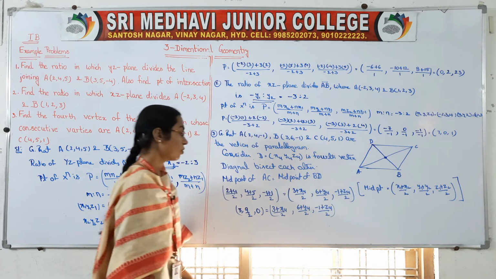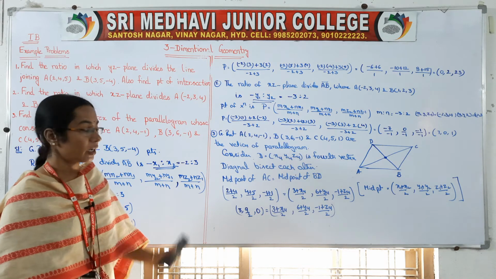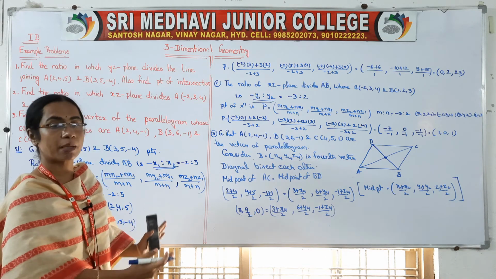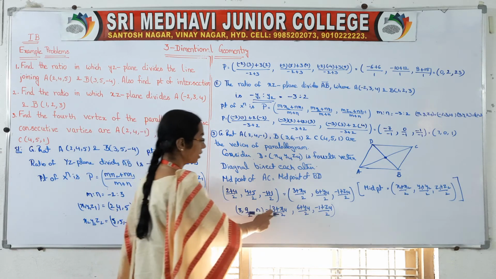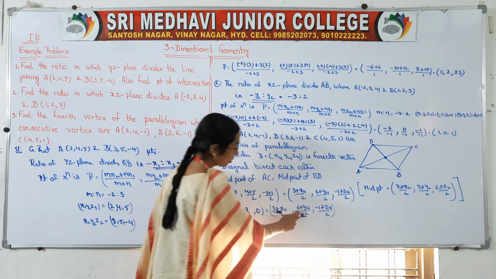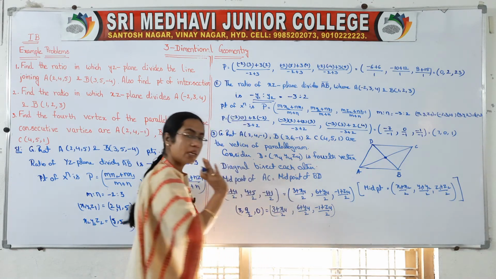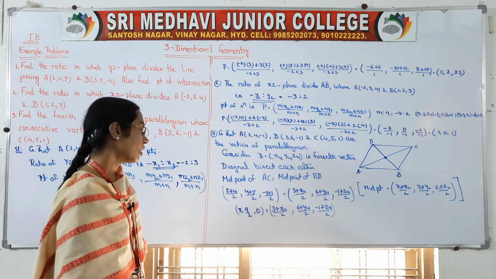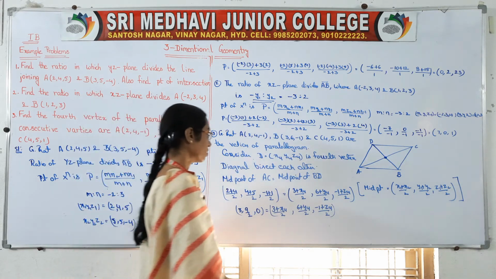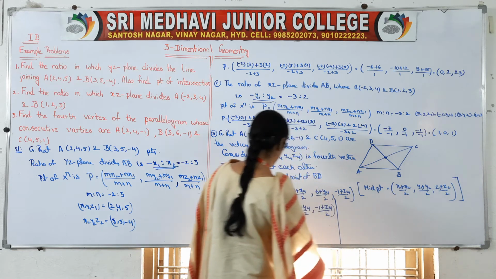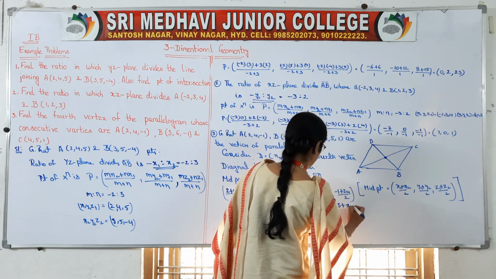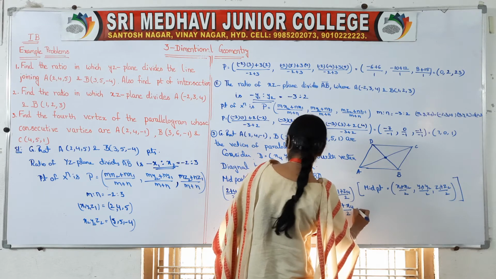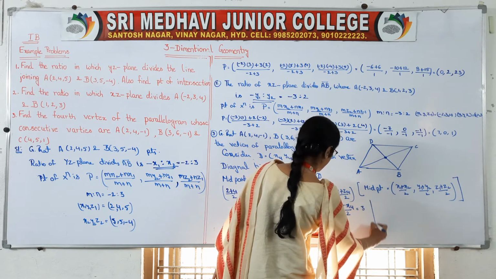Now equate the coordinates, same type of coordinates on both sides: x coordinate to x coordinate, y coordinate to y coordinate, z coordinate to z coordinate. You will get your values. First x coordinate: 3 plus x4 by 2 is equal to 3.